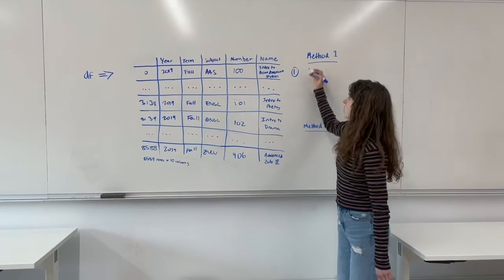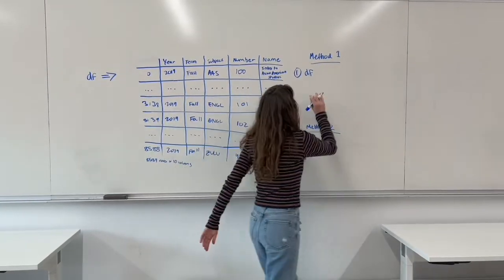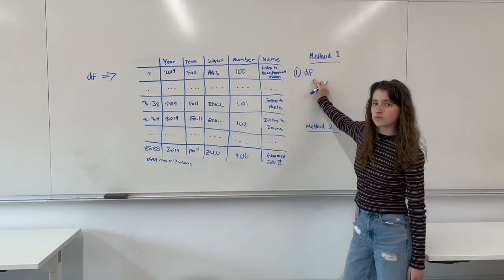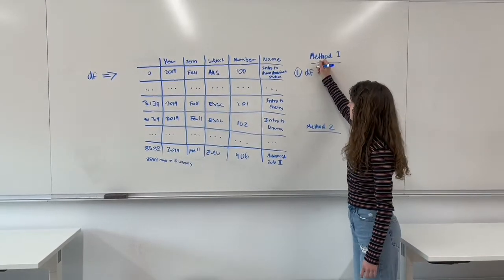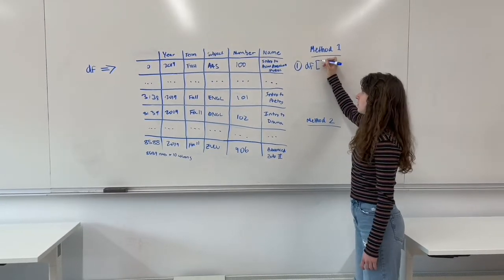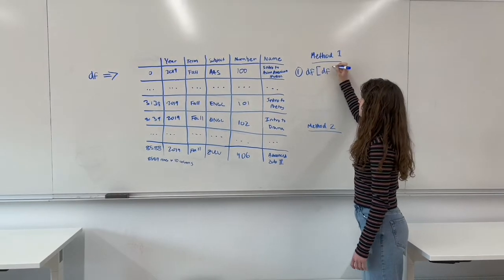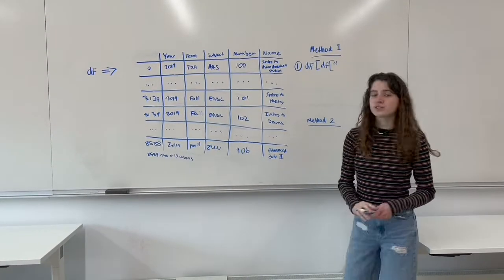So basically, since this is loaded in df, you start just by specifying that you're working within df, the data frame called df. Then you put a set of brackets here to show that you're inside df. Then you want to specify which column we're dealing with.